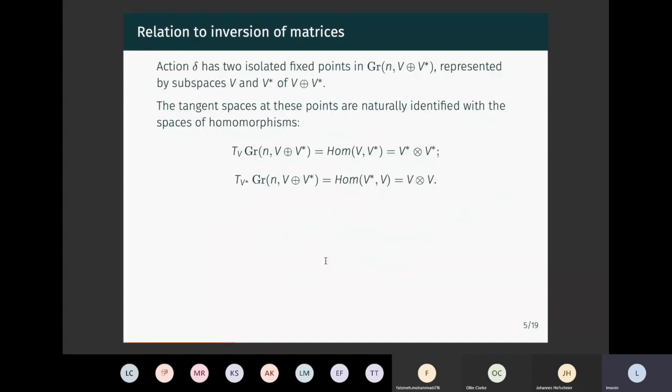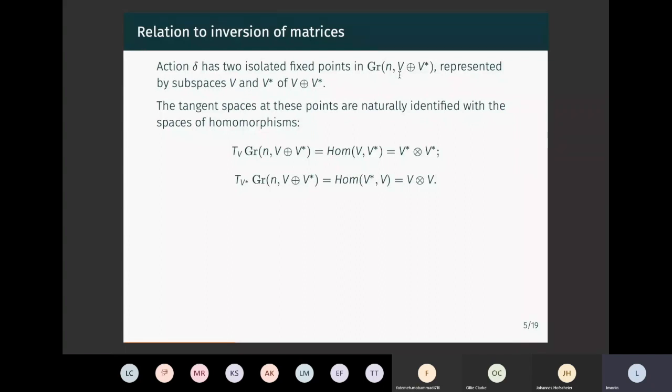So how is this action related to the inversion map? First, let's notice that delta has exactly two isolated fixed points in the Grassmannian of n-planes inside V plus V dual. These two fixed points are the subspaces V and V star themselves, because of course they're fixed, and it's easy to see that they're isolated.